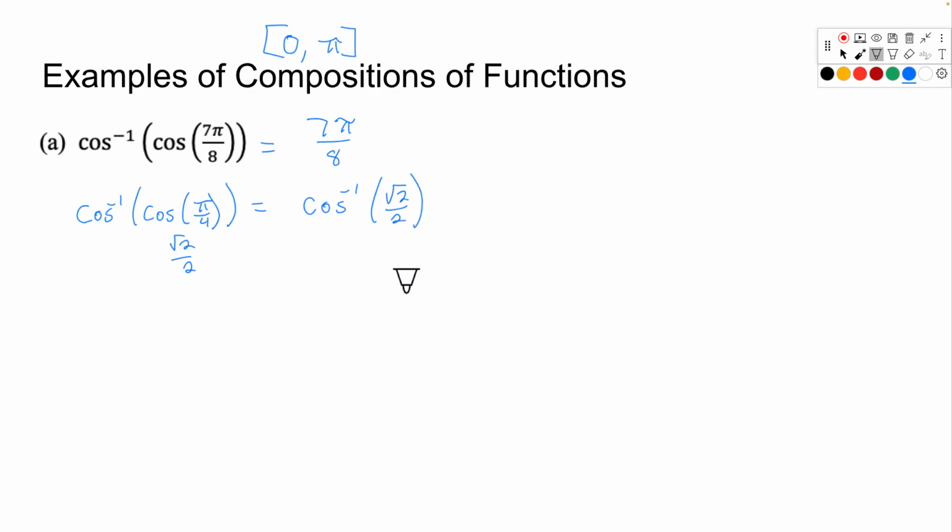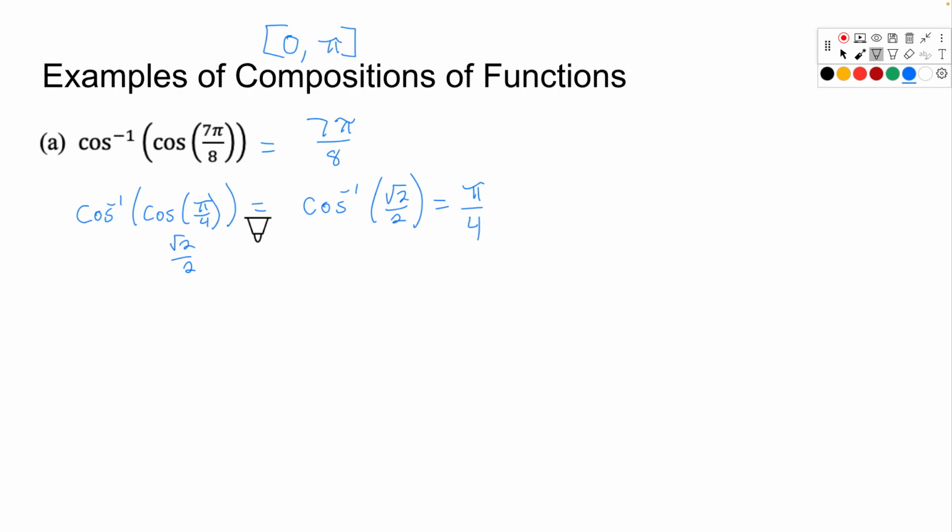What's the inverse cosine of square root of 2 over 2? We look up the x-coordinate and find what angle it goes with. We would find that is pi over 4. Okay. So as long as we're within the range and we're doing something like this, inverse cosine basically undoes cosine and we're done.